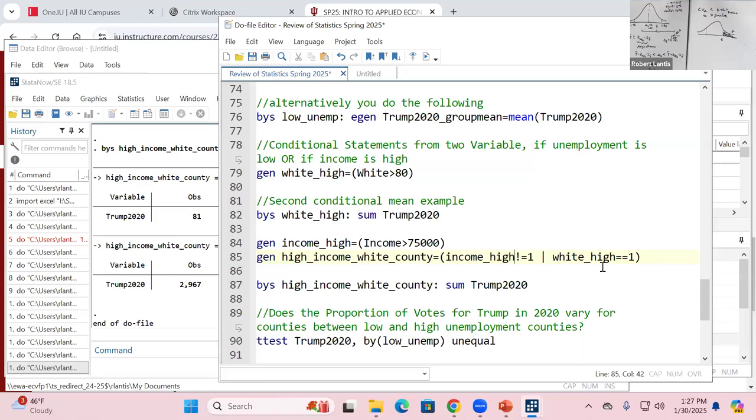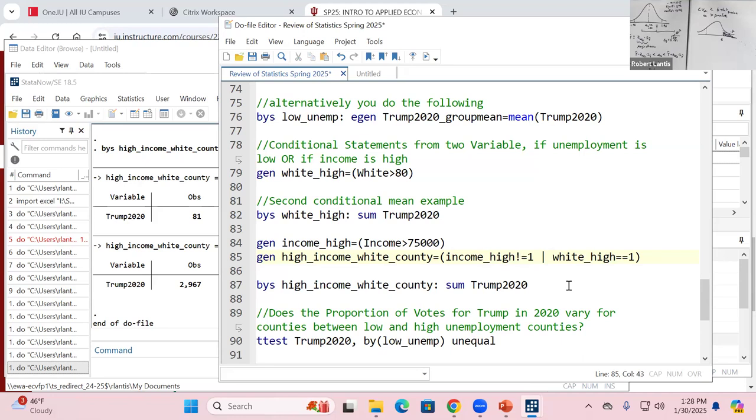I think the way that I have this, I actually wanted it to both be equal. I think I changed this because I wanted to remind myself to show you some different things. So this vertical line, you would read as or. If this is true, or this is true, right? If I wanted to create a variable that's equal to 1 if this is not true, that's where I use this exclamation point equals sign.